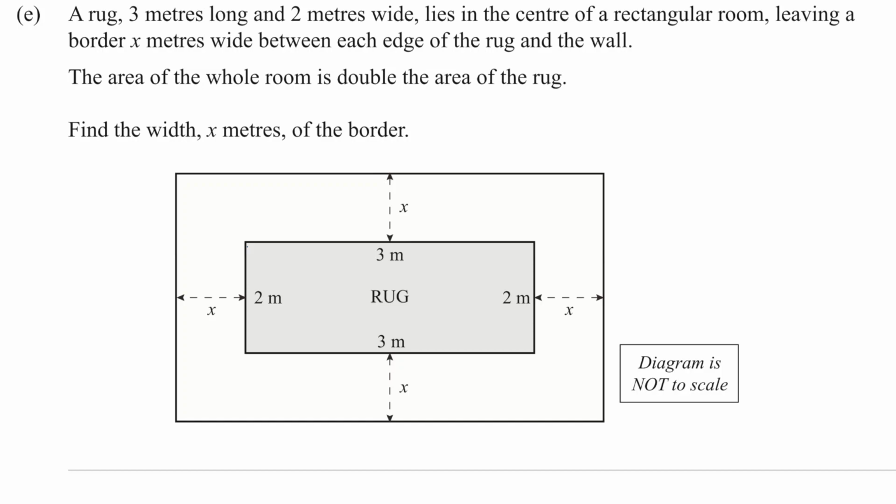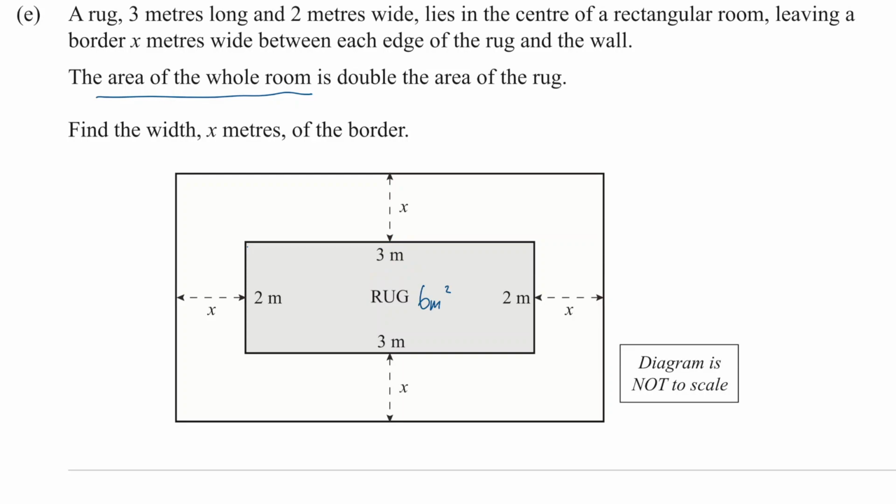But we're also told that the area of the whole room is double the area of the rug. Okay, so we are given the area of the rug, right? 3 times 2. So that's just 6 meters squared. And the area of the whole room is double that.